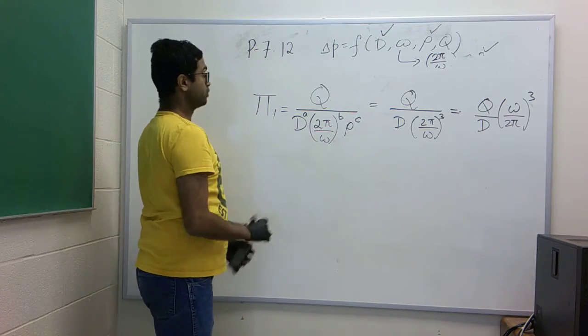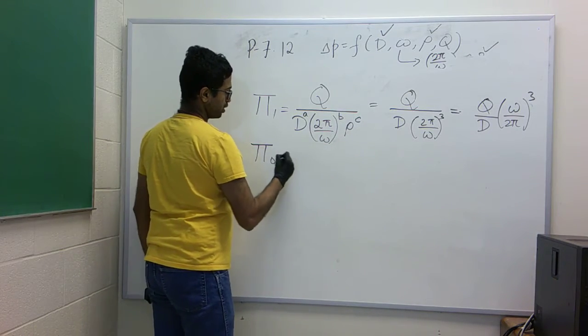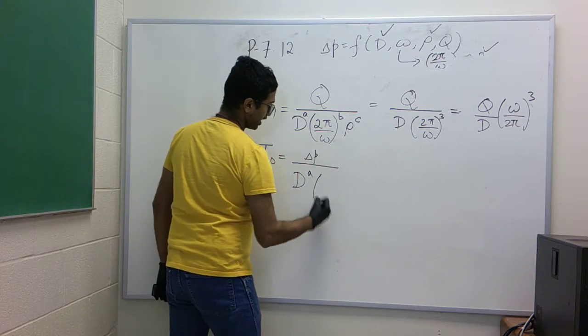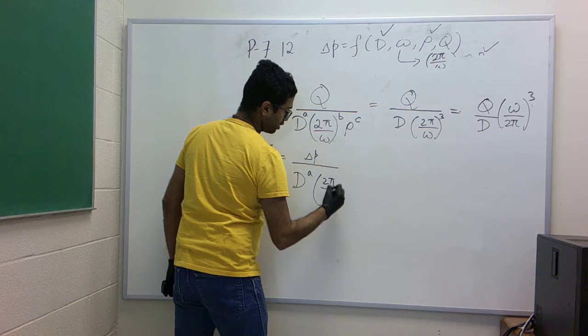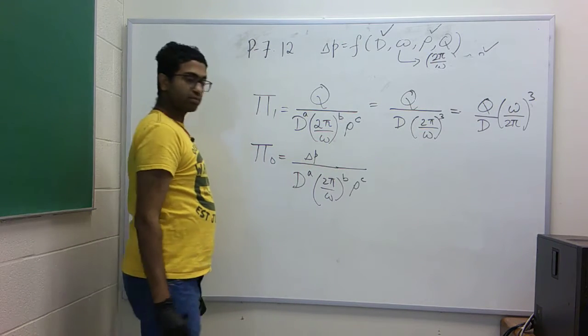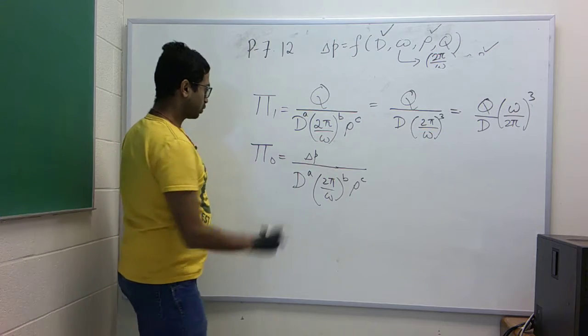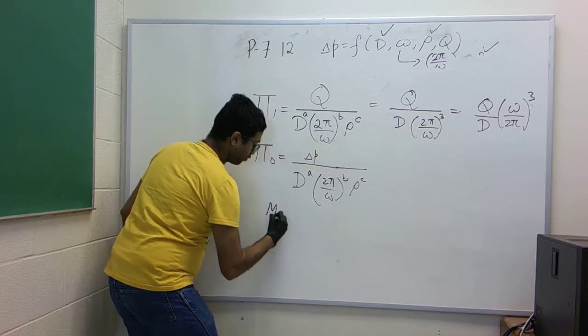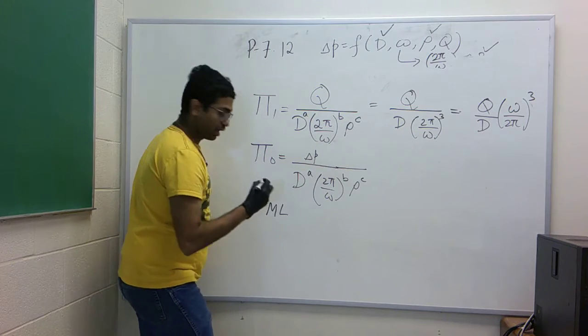My pi 2 or pi naught is delta P divided by D power A, 2 pi over omega to the B, rho power C. Okay. So what is my dimension of delta P? That's force per area.